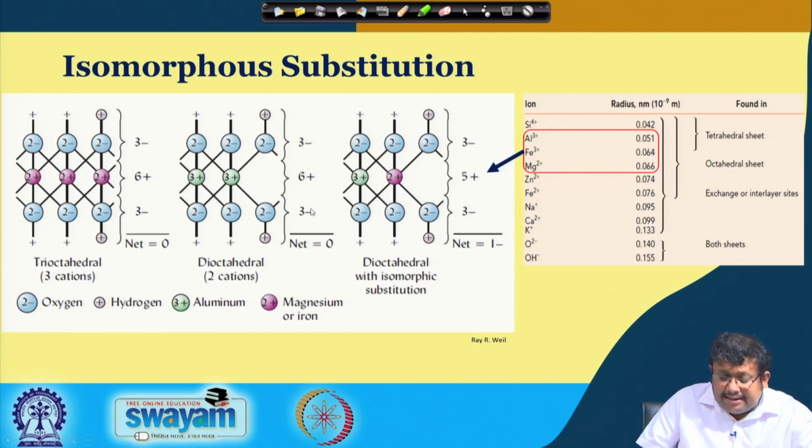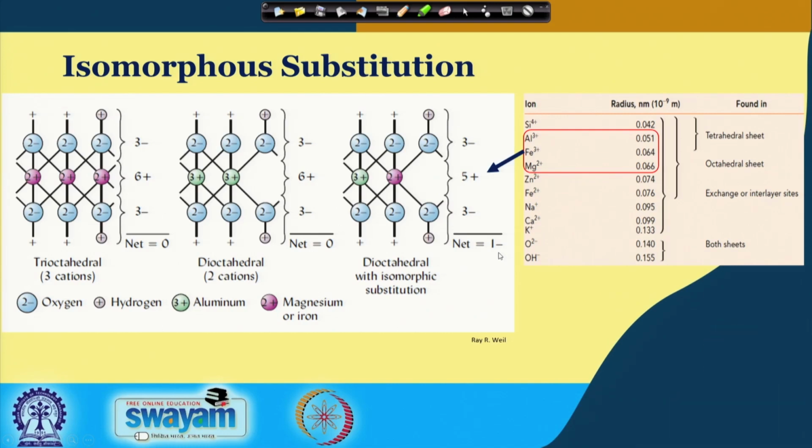So, when this isomorphous substitution occurs in this octahedral sheet, suppose we are replacing one aluminum ion with one magnesium with the valency of 2 plus, we will get a dioctahedral structure with isomorphous substitution. And when we are getting a dioctahedral structure with isomorphous substitution, obviously here the total positive charge is +5 and the total negative charge is -6. Ultimately, we are getting an excess of negative charge.